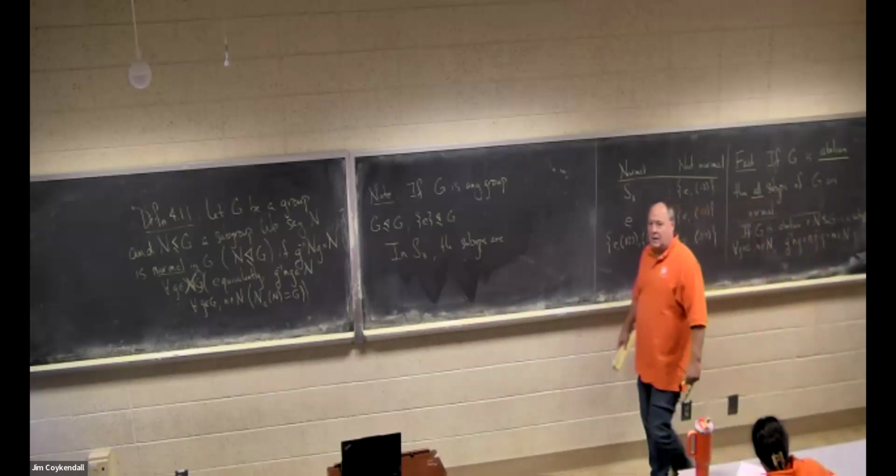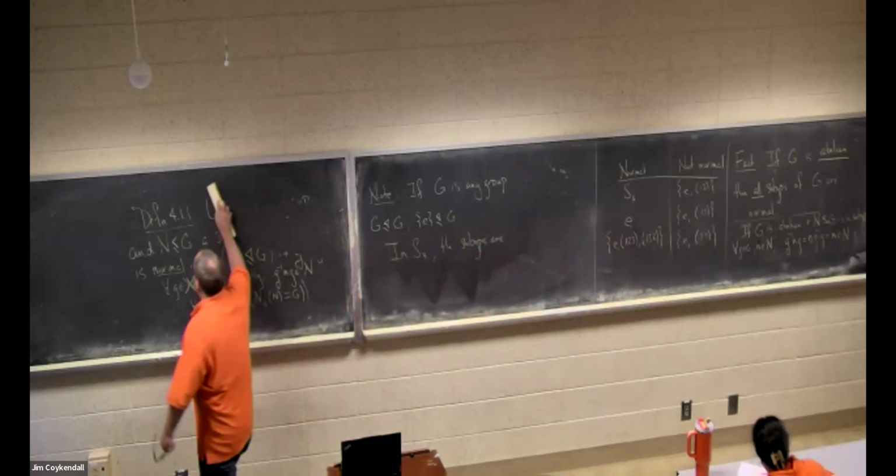So if a group is abelian, all of its subgroups are normal.